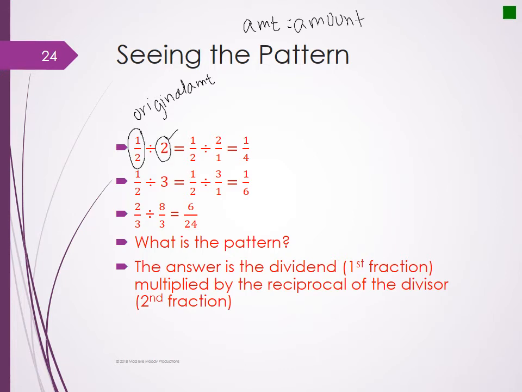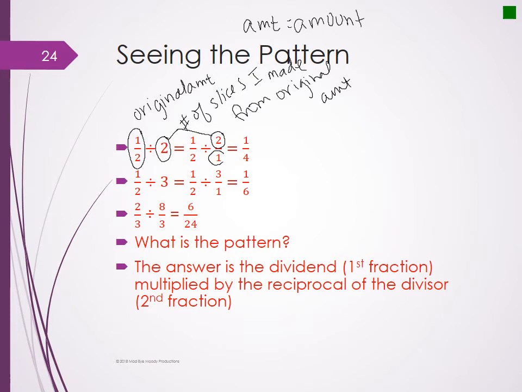2 was the number of pieces or slices I made from the original amount. Then when I wrote this, that's still this. This 2 is still here.